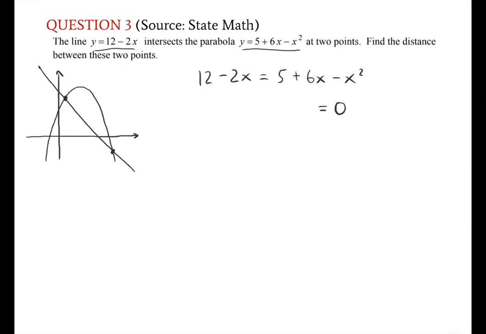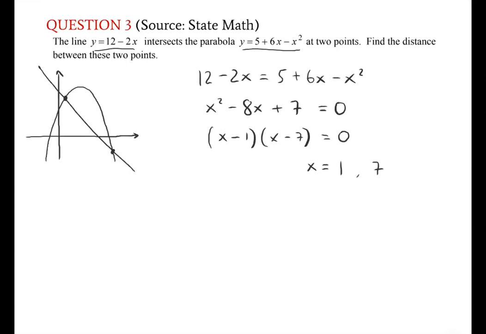So we'll get x squared minus 8x plus 7 is equal to 0. Now this can be factored to x minus 1 times x minus 7. So from this, we can find the roots. We can find that x has to be equal to either 1 or 7.